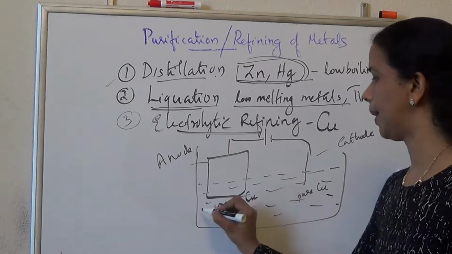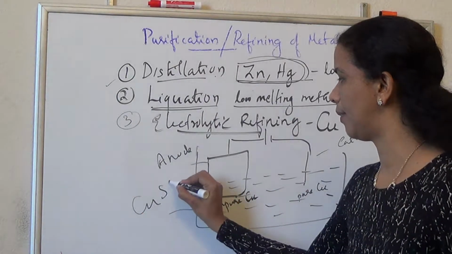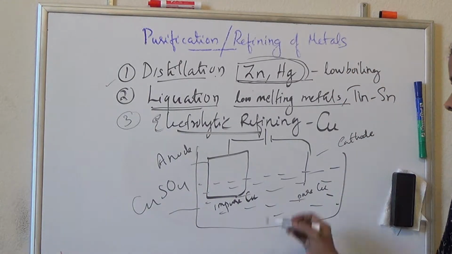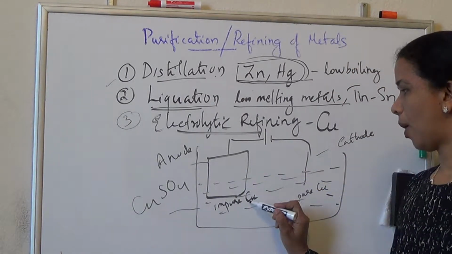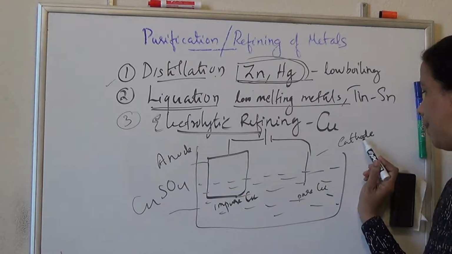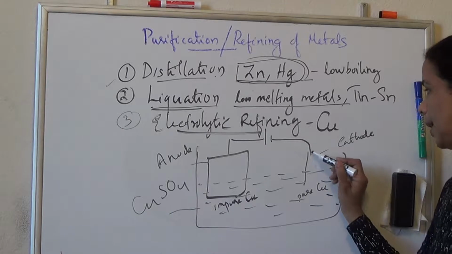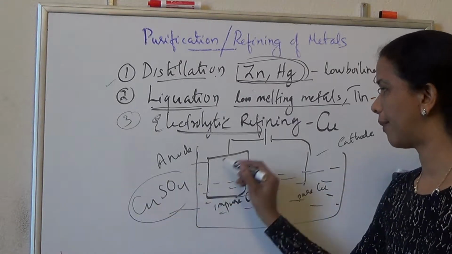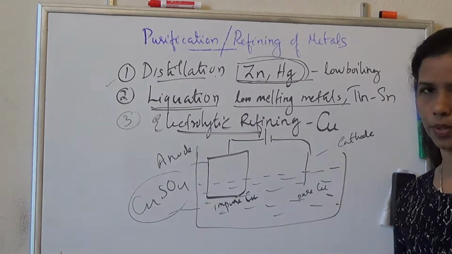Usually we use an electrolyte of the same metal, here copper sulfate solution. So a big block of impure copper is acting as anode and a thin strip of pure copper is acting as cathode, and they are dipped in a solution of copper sulfate and connected to a power source.